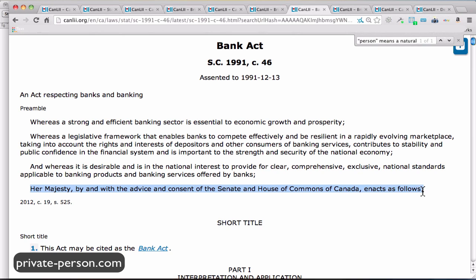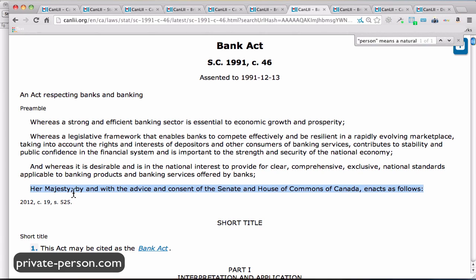General applicability is to everybody, all people. It's creating access, or it's creating some type of law that everybody is equally applied to. And a limited applicability law is only applicable to people who become subject to it through some sort of application process. The Bank Act, I see it as a general applicability, and part of that example is they've included a natural person in it. The other thing is they've actually got a preamble and an enacting clause.